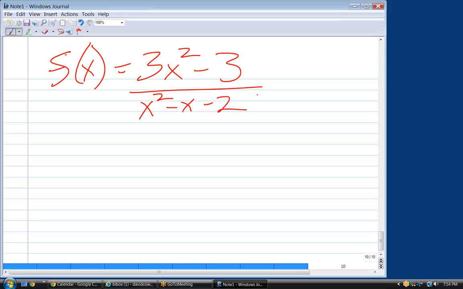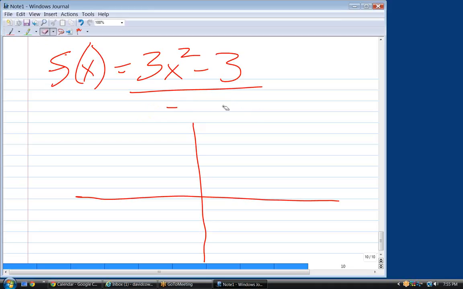We need vertical asymptotes. How do we need all asymptotes? So, the vertical asymptotes are the easy ones to find. In order to find them, we need to factor this. X minus 2, x plus 1.